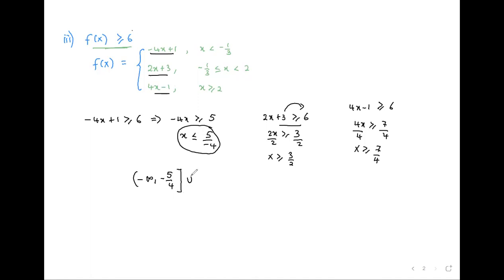Union. This piece is saying x is from 3 over 2 to infinity. Union. This piece is saying x is from 7 over 4 to infinity. Now, which number is bigger between 3 over 2 and 7 over 4?